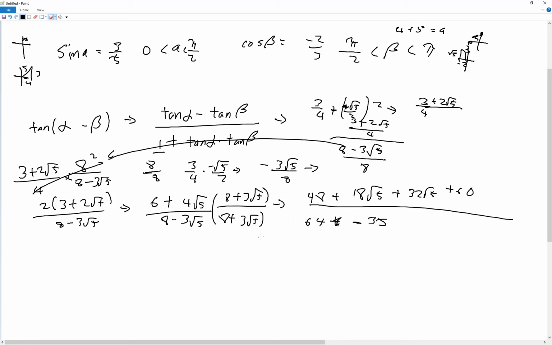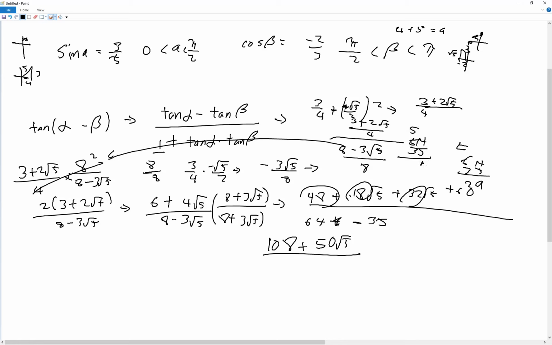If we simplify the numerator, 48 plus 60 is 108, plus, add these two together, 32 plus 18 is 50, right? 50 square root 5 over 64 minus 35, which is 29, right?